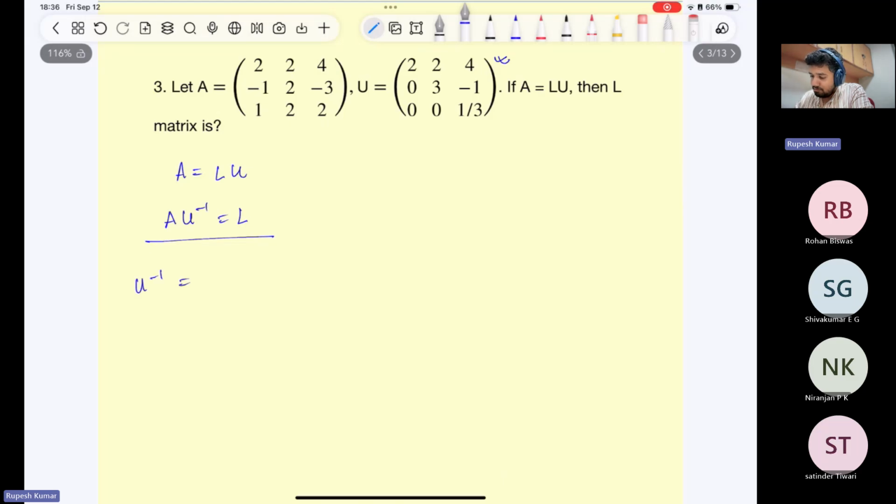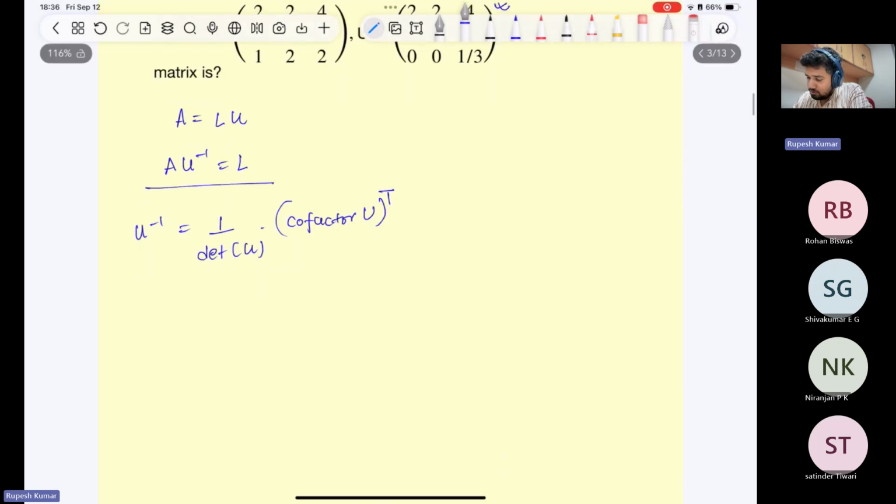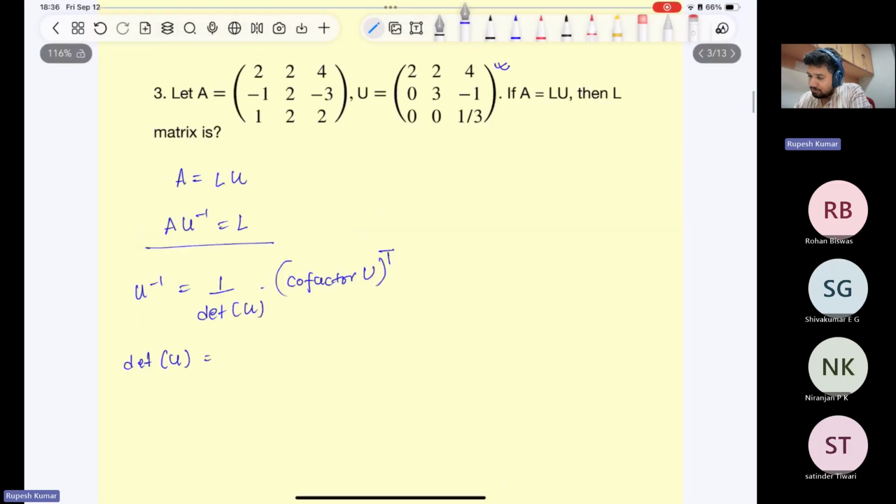U inverse is basically 1 by determinant of U times the cofactor of U transposed, right? So let's do this. The determinant of U is essentially 2 into 3 into 1 by 3. It's a diagonal matrix, so 2 into 3 into 1 by 3 equals 2, right?